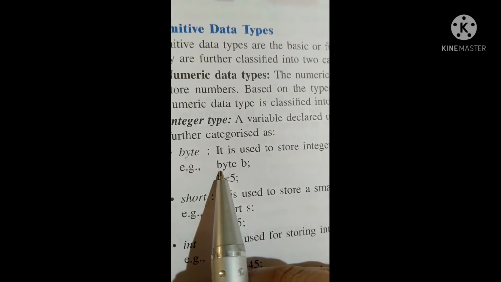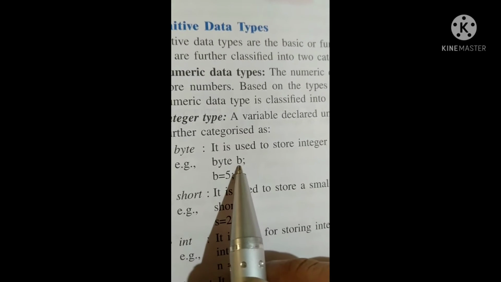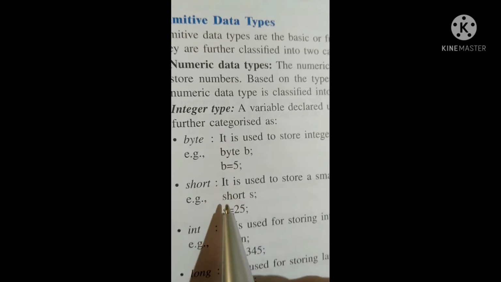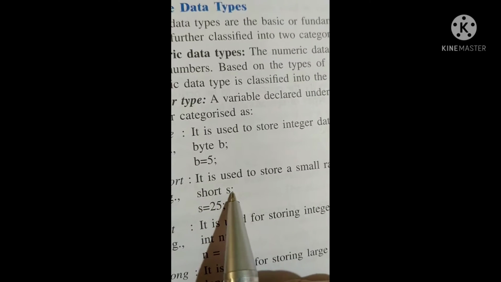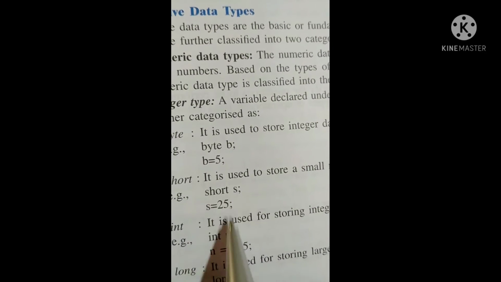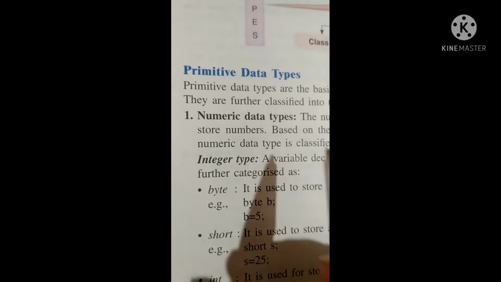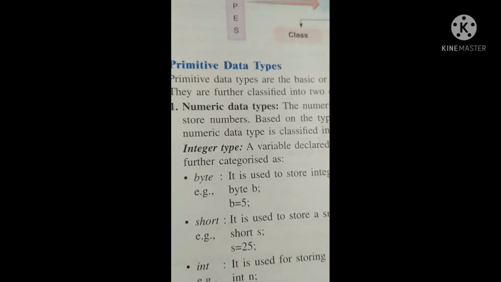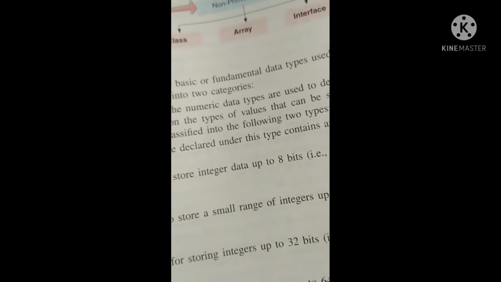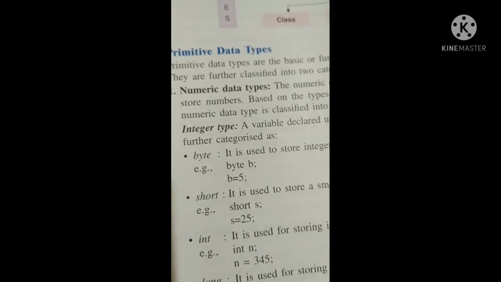We have declared a variable b, data type byte. We have declared a variable as data type short and data type int.